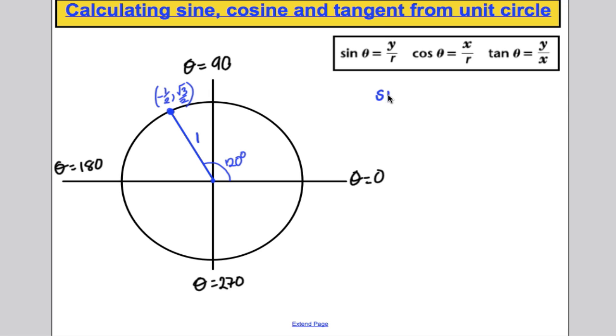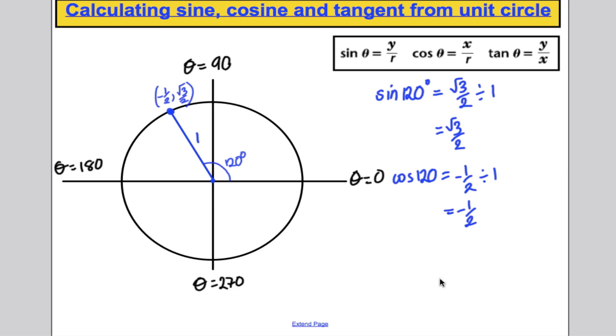So sine of 120 degrees is still the y number divided by the radius, which is root 3 over 2 divided by 1, which is root 3 over 2. Okay, cos of 120 is going to be the x number divided by the radius, which is minus a half divided by 1, which is minus a half.